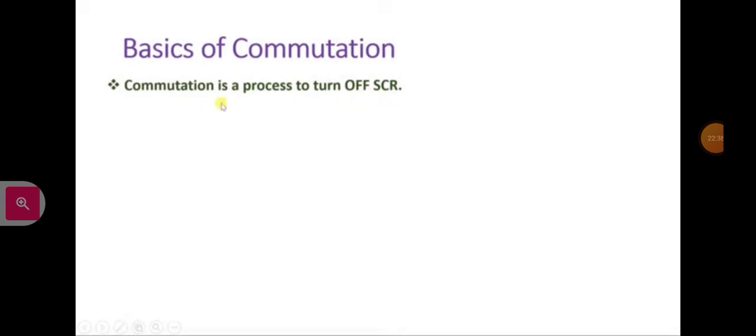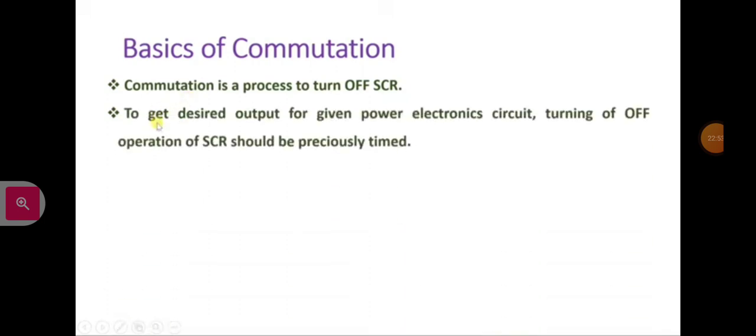So basically in power electronics we use high power devices, and those high power devices are a bit difficult to turn off. So in power electronics we use the commutation process to turn off thyristors. And to get the desired output in a given power electronic circuit, the turning off operation of SCR should be precisely timed.